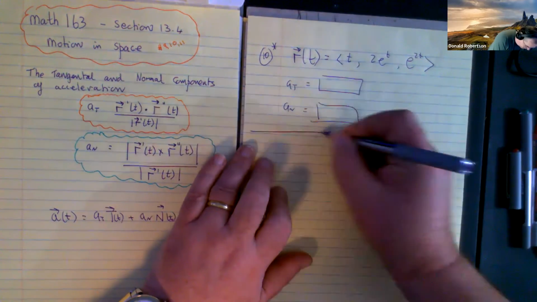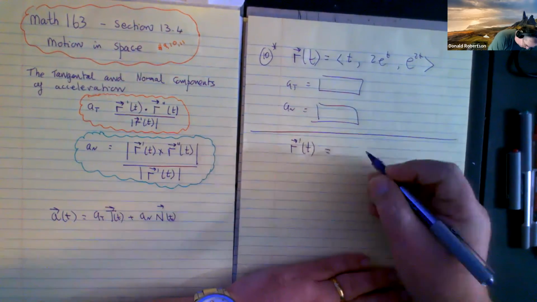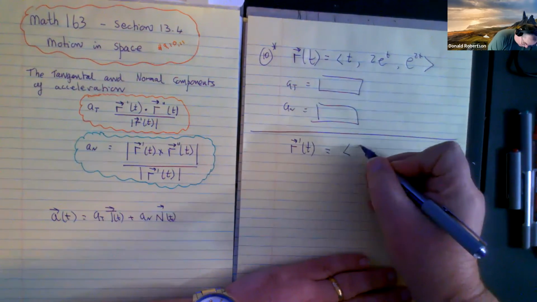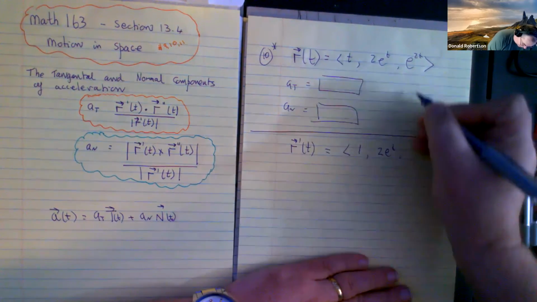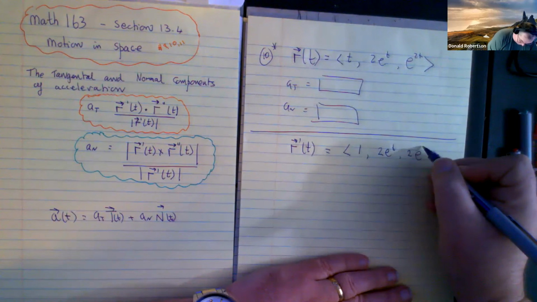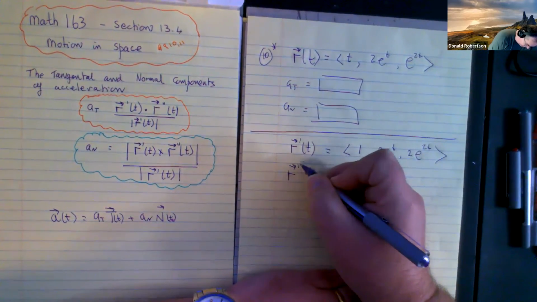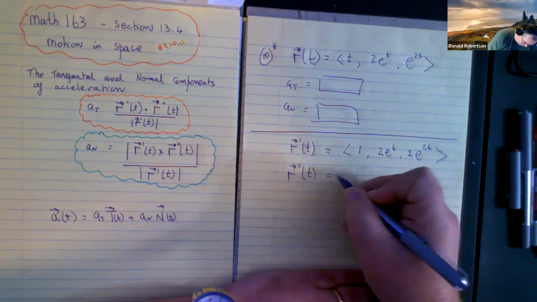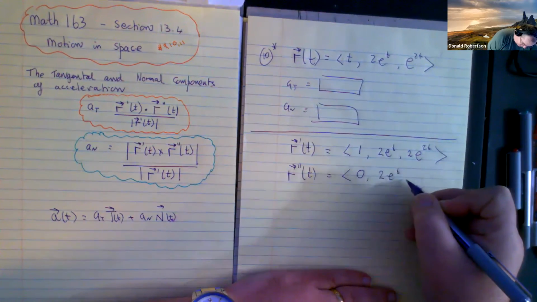So pretty much it's a plug and chug process. I'll differentiate this one. I get 1, I get 2e to the t, and if I differentiate this one, I get 2e to the 2t. If I do the second derivative, I get 0, I get 2e to the t, and I get 4e to the 2t.